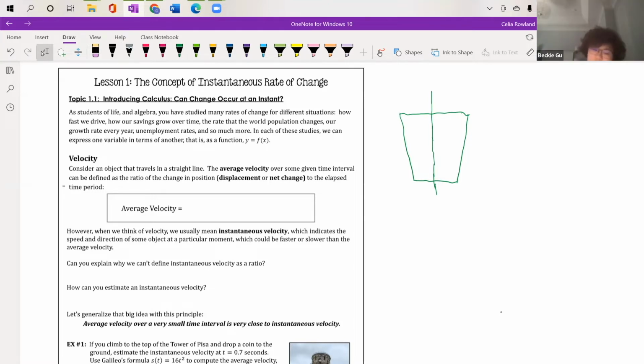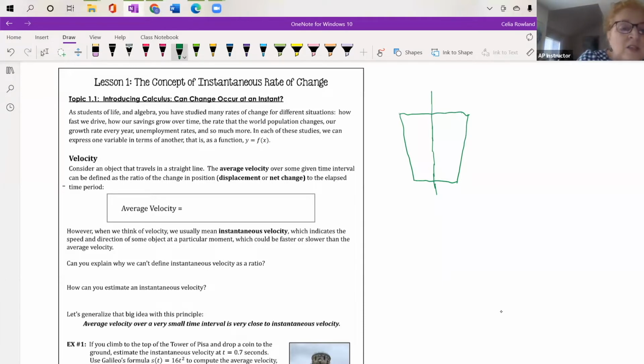So how do we find where the change occurs? When we start, at first we're looking at velocity. If they're talking about something changing in a straight line, then average velocity is just slope.